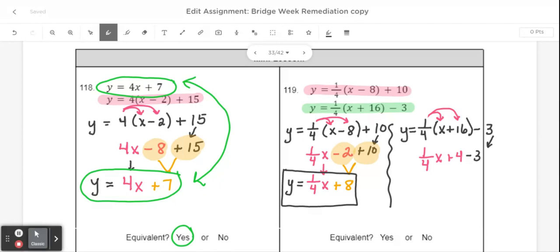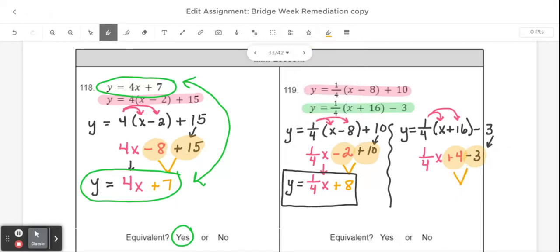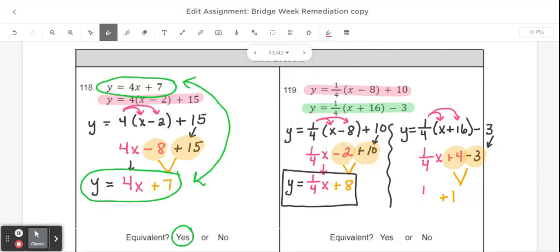Just going to copy that down. Now I'm going to combine like terms. And in this problem, the like terms would be the 4 and the -3. 4 minus 3 would be 1. And then I'm going to copy down the 1/4 x and the y equals.